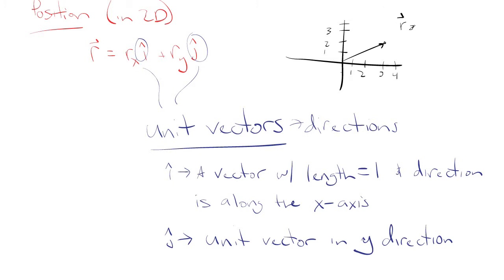I can write it, like we've seen so far, as in the x direction it goes 1, 2, 3, and positive 2 in the y direction. Another way to write that is 3 i hat plus 2 j hat, where I use my unit vectors. So it's just a different notation. These things have a magnitude of 1 each. They just point along the x and y axes. This is the most common way that we denote vectors when we're using components, so you'll see this time and time again.